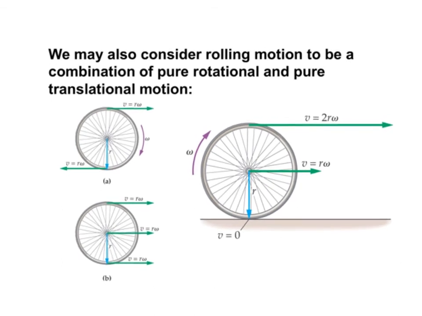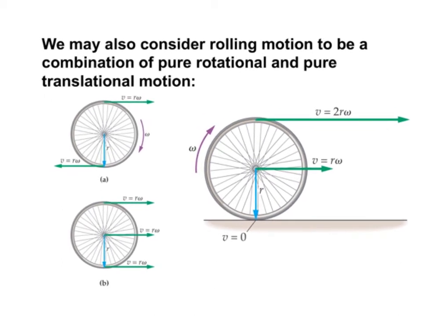When we go to this slide, it explains a little more about the situation. You've got pure rotation. So we can consider rolling motion a combination of pure rotation and translational motion. Pure rotation would just be a wheel rotating in place with a radius r. We know that any point on the rim has the relationship that the tangential velocity is equal to r omega.